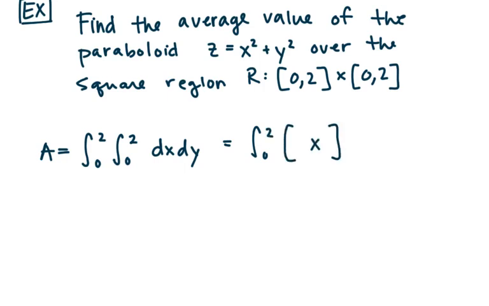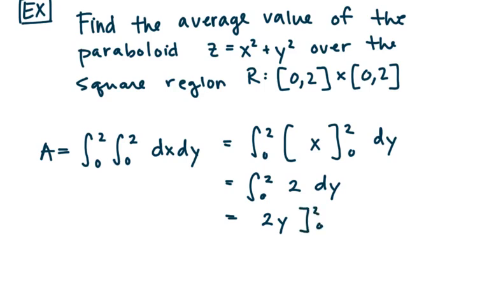I have x. We need to evaluate that from 2 to 0, and then we'll deal with our integral for dy. So that's going to give me 2, 0 to 2 of 2 dy, which is 2y, 2 to 0. And plugging in 2, we've got 4 minus 0. The area of this square region that's 2 wide and 2 tall is 4.